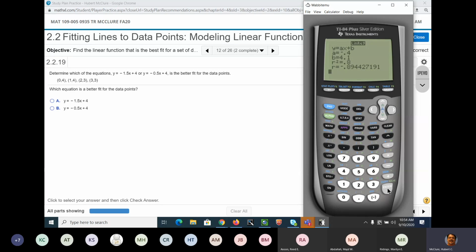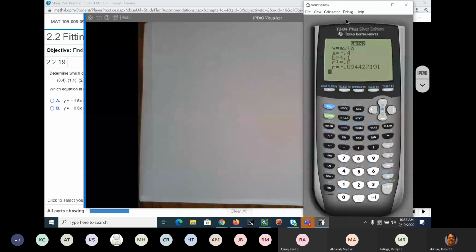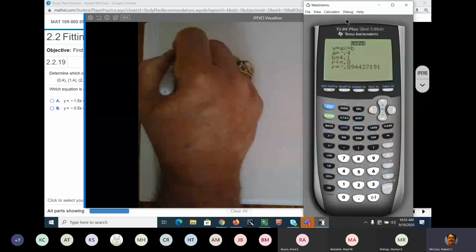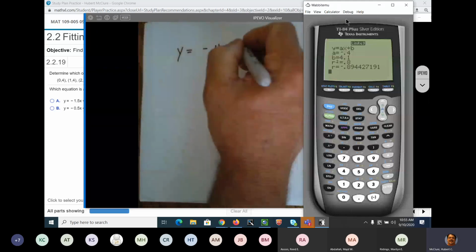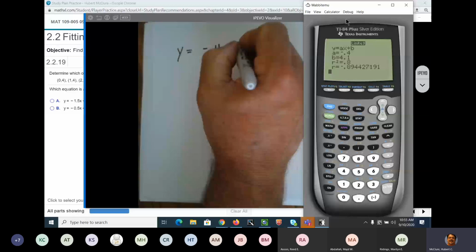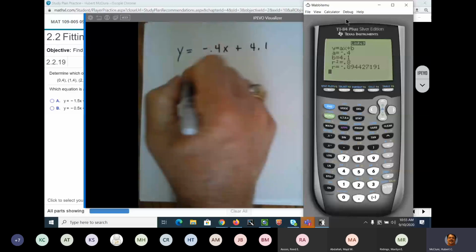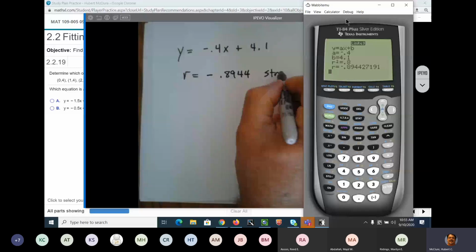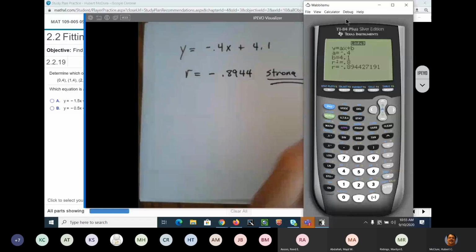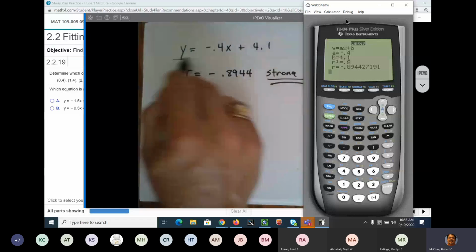So I get, as a best line fit, y is equal to negative 0.4x plus 4.1, and I got a correlation coefficient of negative 0.8944, which means I have a strong negative correlation. So that is the line of best fit.